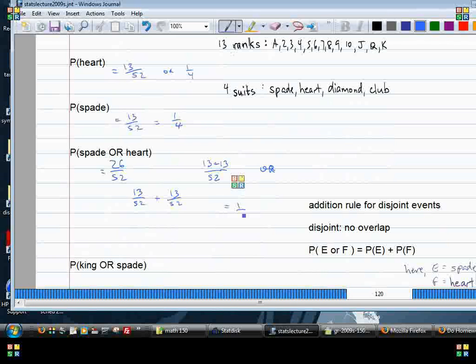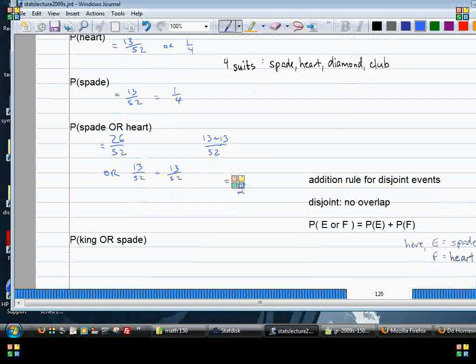So at the end of the day, if you simplify this, you just get a half. Now, what's the probability of pulling a king or a spade?